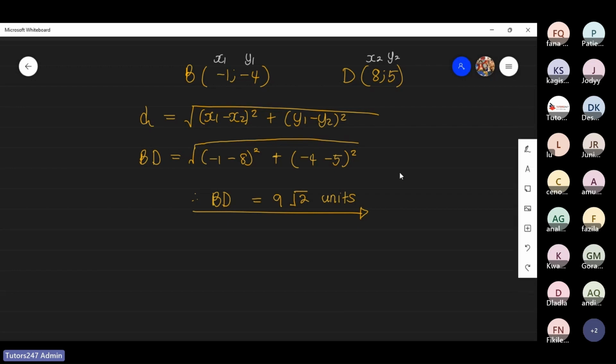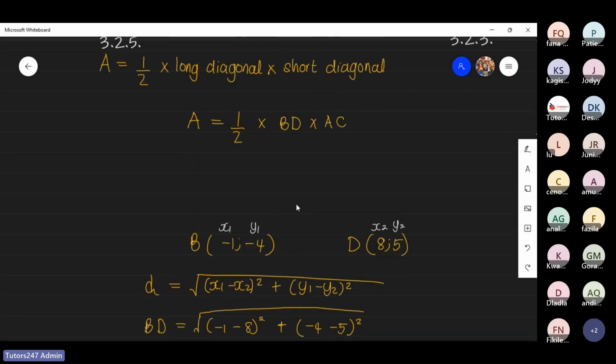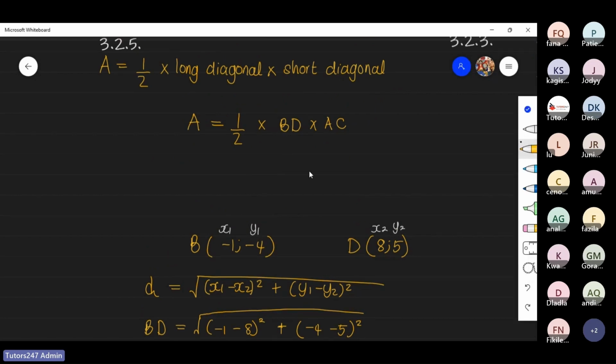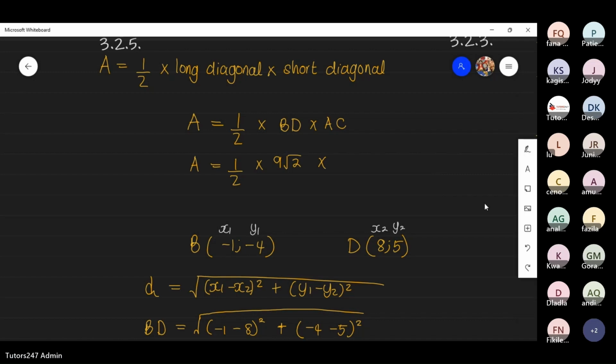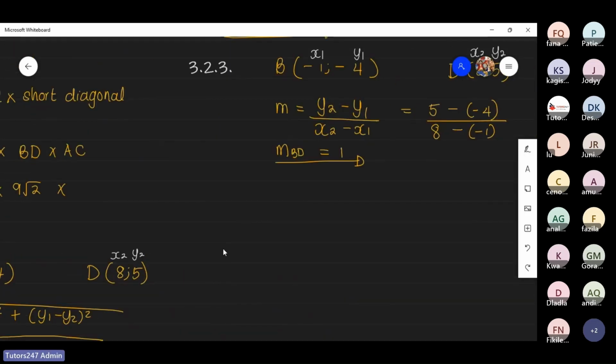So we've got BD and we've previously calculated AC. Let us now substitute this so we can calculate the area of this kite. So our area is equal to 1/2 times BD, which was 9√2, times AC. What was AC? Let us just go and have a look. Okay, here's AC.